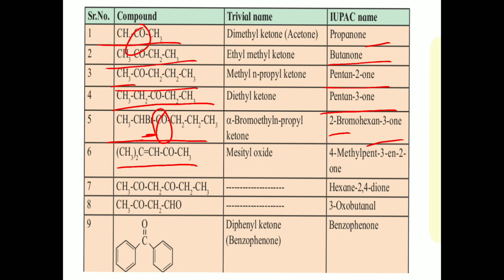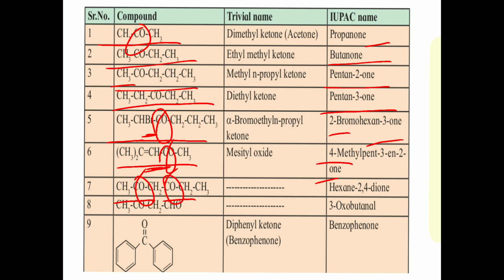Now next is 4-methylpent-3-en-2-one. It means it contains the carbonyl group at the second carbon atom, so 2-one, at the third carbon atom it contains the double bond, and at the fourth carbon atom it contains the methyl group. Then next, here it contains 2 carbonyl groups.